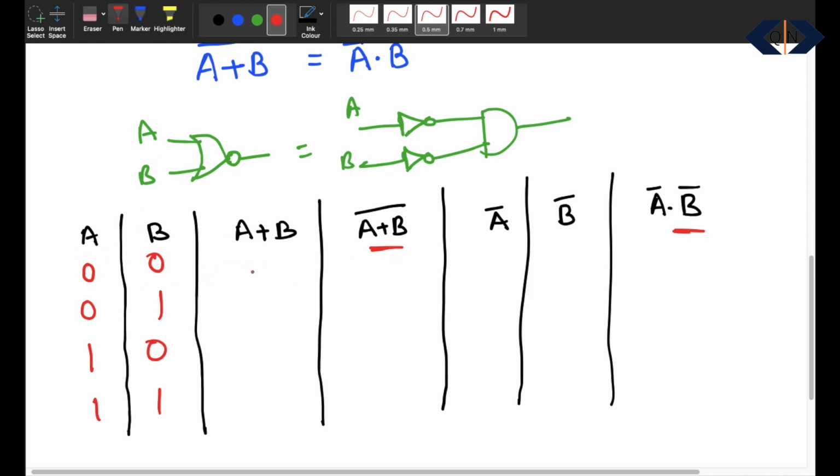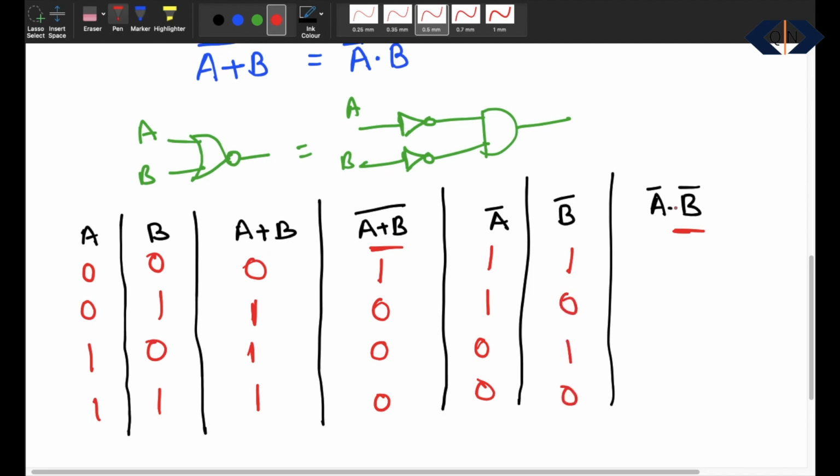Let's start filling in the rest of the table. 0 0 gives 0, 0 1 gives 1, 1 0 gives 1, 1 1 gives 1. What will be the negation of this? It will be 1, 0, 0 and 0. Now A bar will be 1, 1, 0, 0, and B bar will be 1, 0, 1, 0.